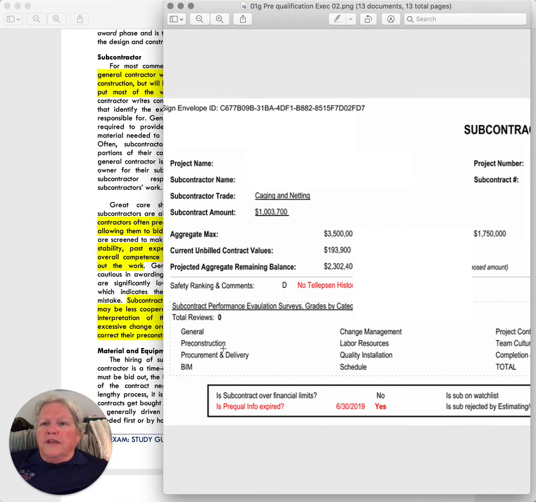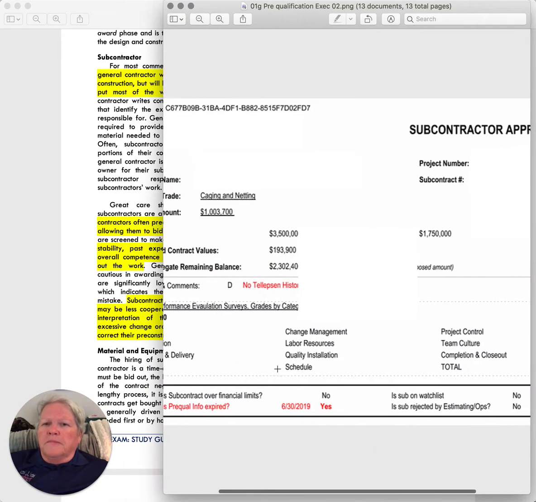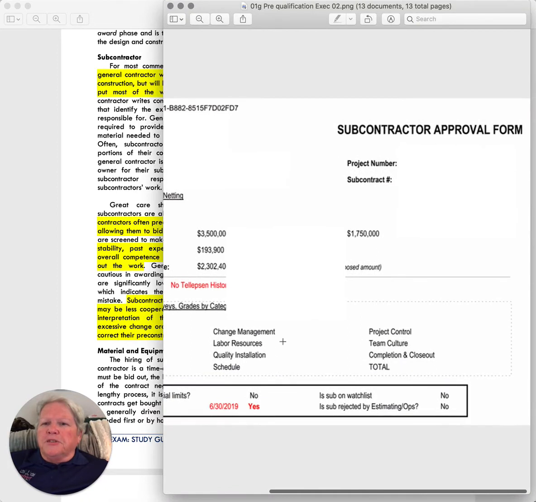And so we evaluate them internally by all the different team members, and it's an anonymous evaluation based upon how they performed in pre-construction, how they performed in procurement and delivery, how they performed during BIM, their change management, their labor resources. Did they have sufficient resources to build the job? Their quality installation. Did they meet the schedule that was set for them?